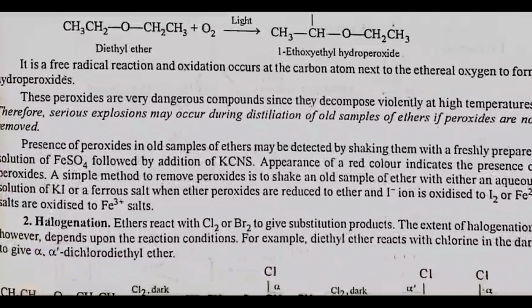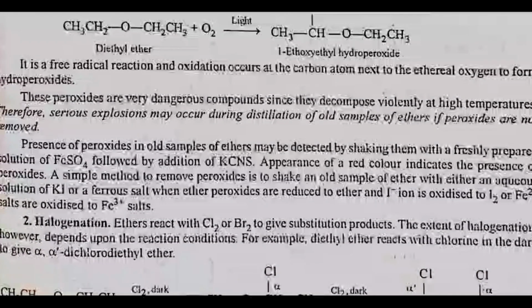It is a free radical reaction and oxidation occurs at the carbon atom next to the ethereal oxygen to form hydroperoxides. These peroxides are very dangerous compounds since they decompose violently at high temperatures. Therefore, serious explosions may occur during distillation of old samples of ethers if peroxides are not removed.